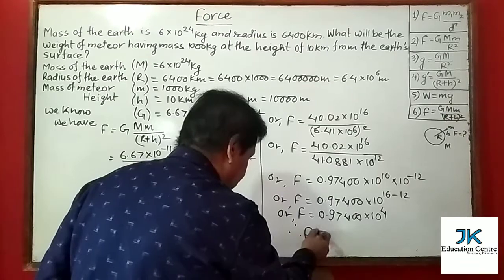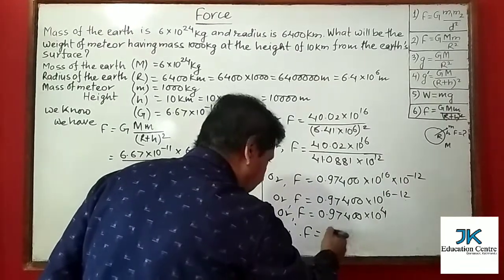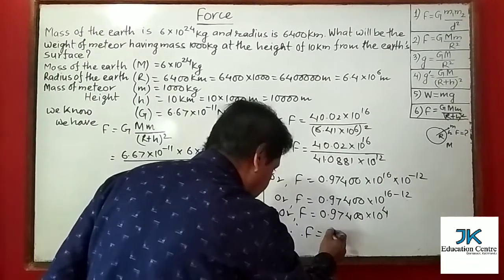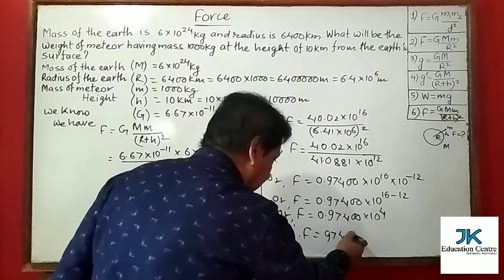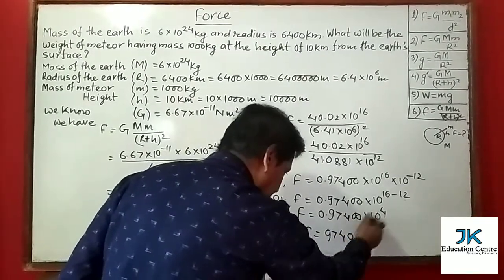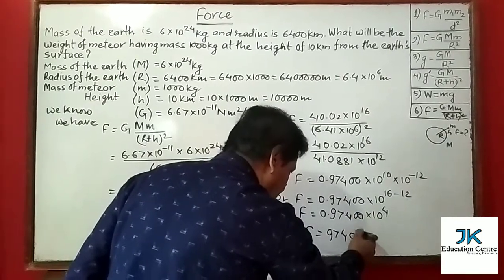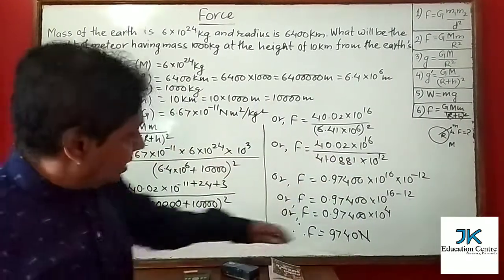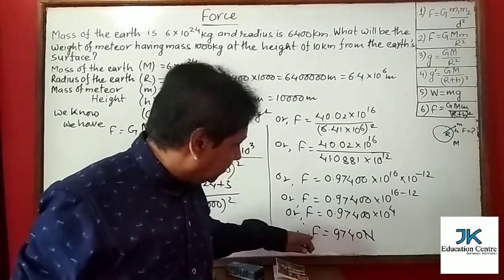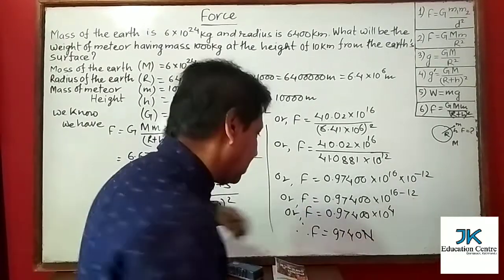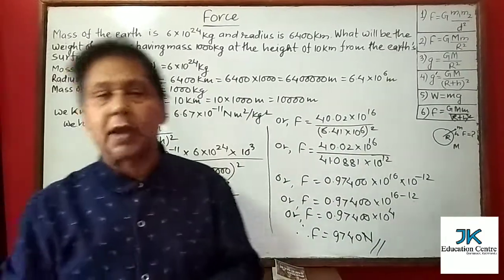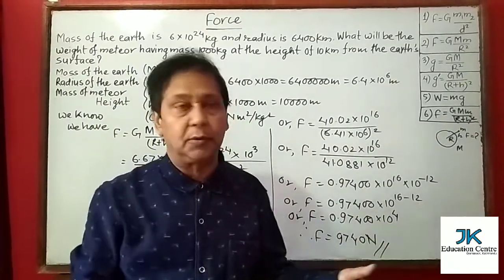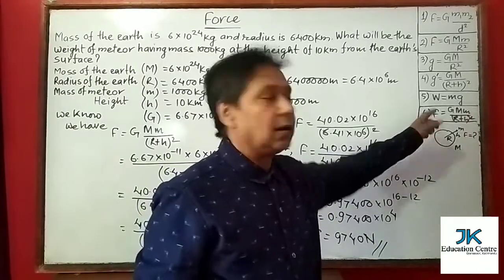When it is multiplied by 10 to the power 4, then what happens? 9740. After this there are zeros, so I want to write the answer as 9740 Newton. Force is measured in Newton. Lastly, we have to write the unit, that's why this much Newton. This way we can solve another type of numerical problem using another equation.